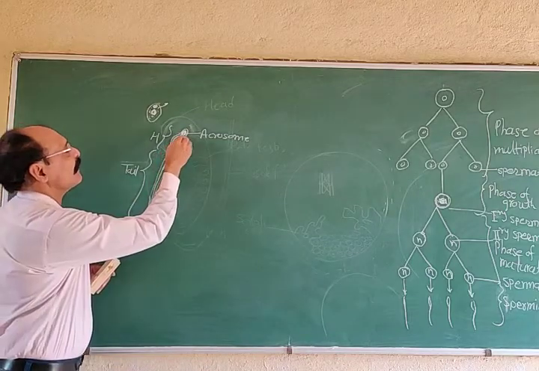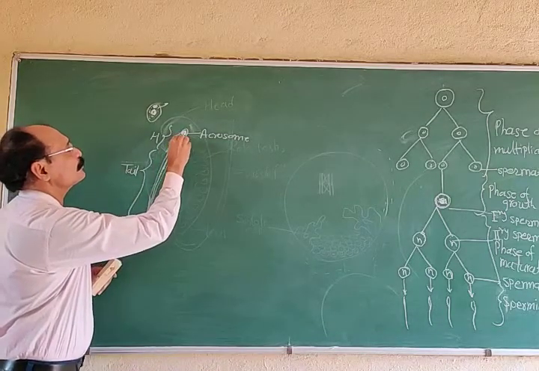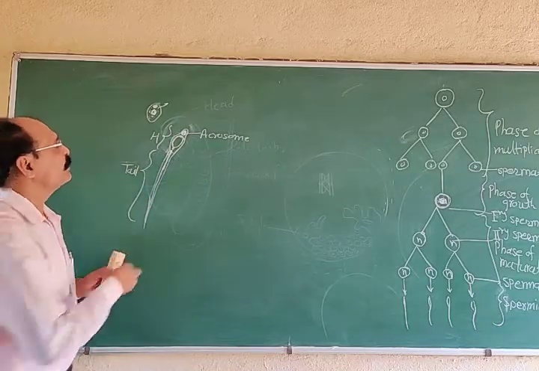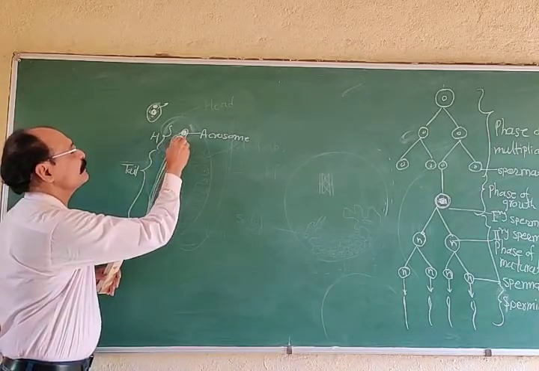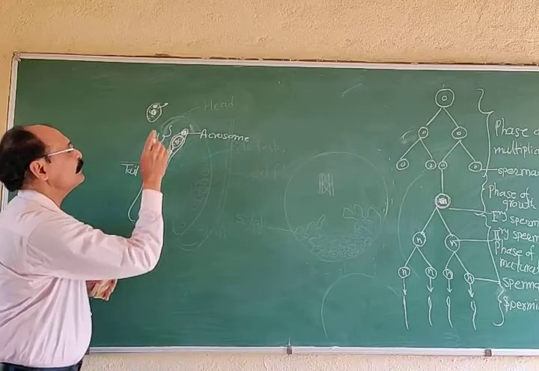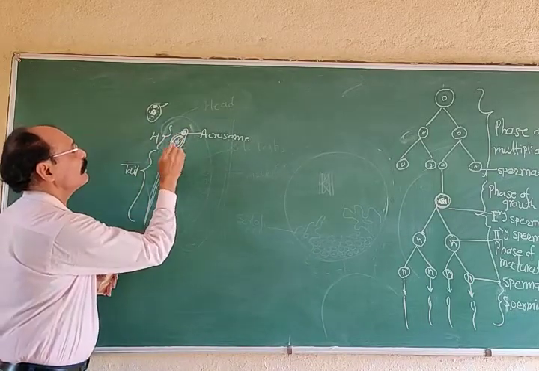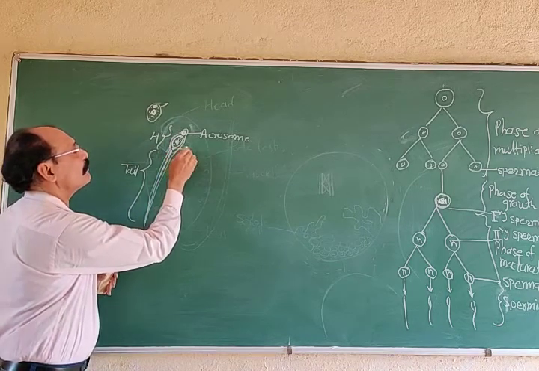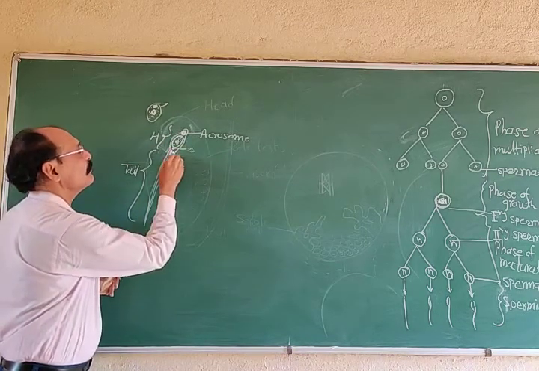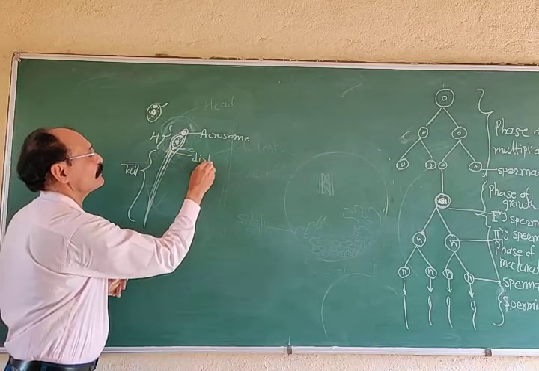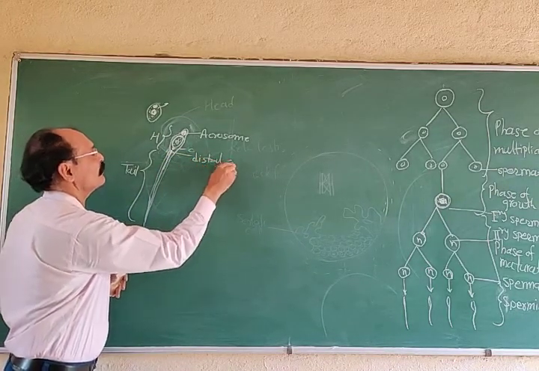Behind the acrosome there is the large vacuoid nucleus. Here is the nucleus, the haploid nucleus, and just behind that there is the proximal centriole, and just behind that the distal centriole.